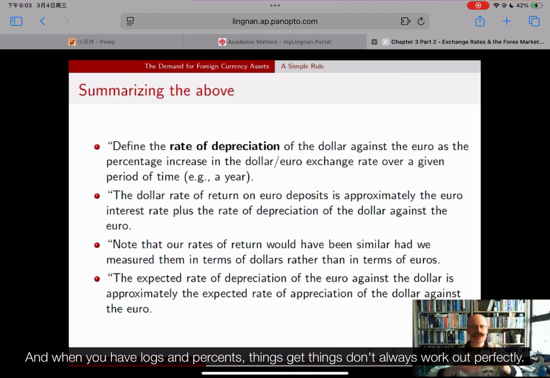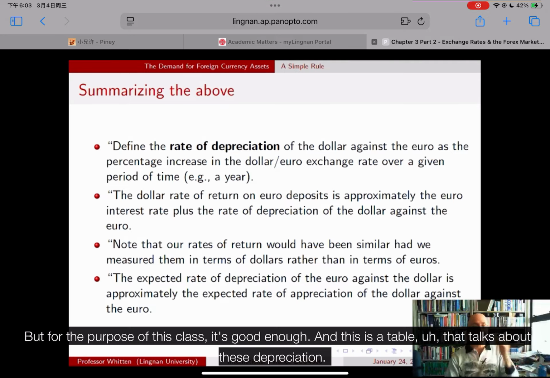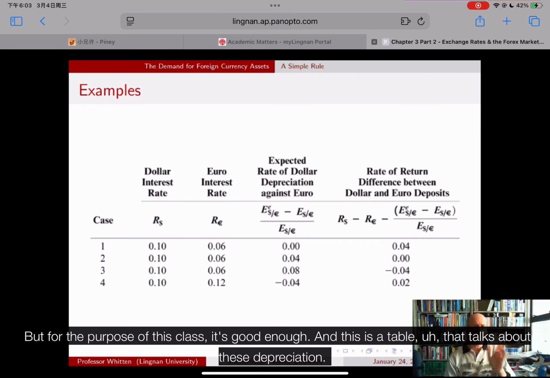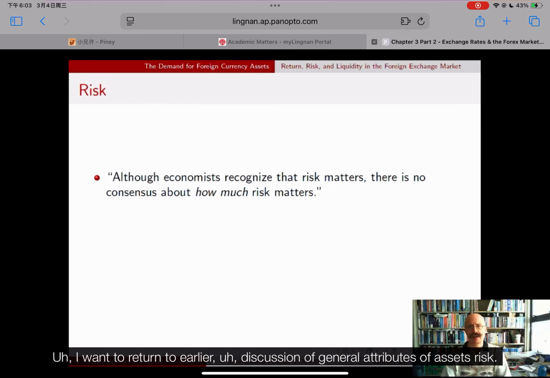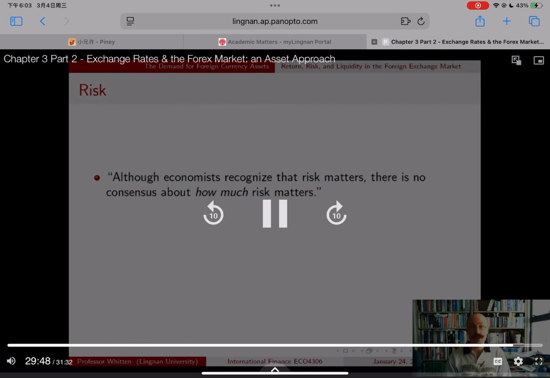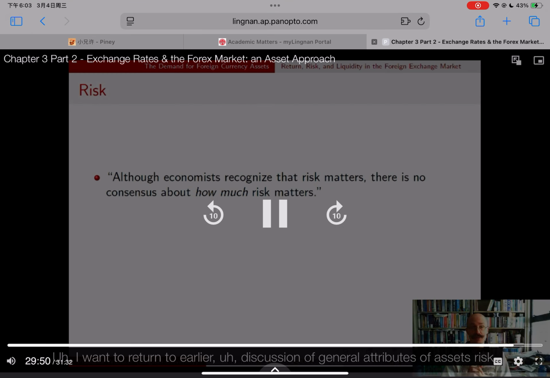And when you have logs and percents, things don't always work out perfectly. But for the purpose of this class, it's good enough. And this is a table that talks about these depreciations. Final word for this video, I want to return to the earlier discussion of general attributes of assets.